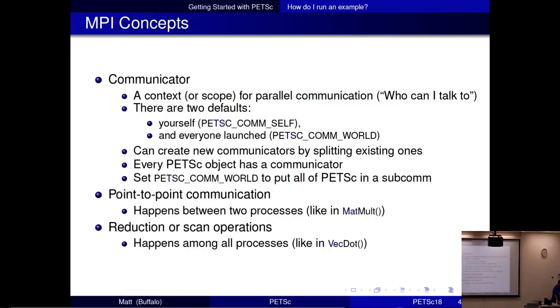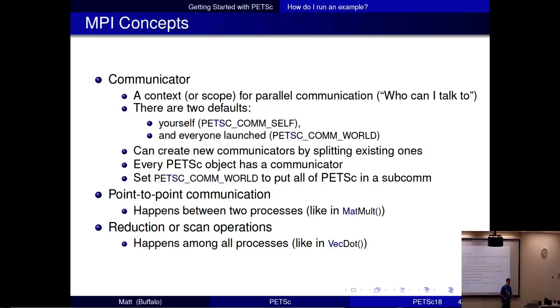So I talked about that. You also, from a performance point of view, should understand the difference between point-to-point communication and a reduction. So what's the difference? Point-to-point communication is when one process talks directly to another process, just like it sounds. Reduction is where everyone talks.